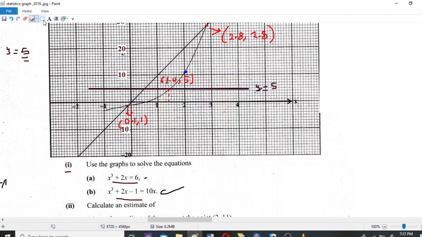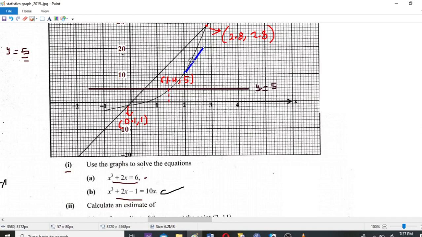Now we need to draw a gradient at this point. So how do we find the gradient? First we need to draw a tangent. Remember, a tangent is nothing but a straight line touching this curve only at one point, and that point is 2 comma 11, right? So it will pass right here. Now it's up to you to choose where you want your line to end.